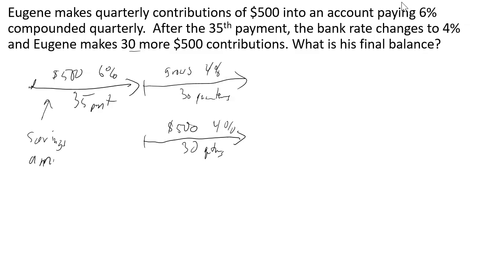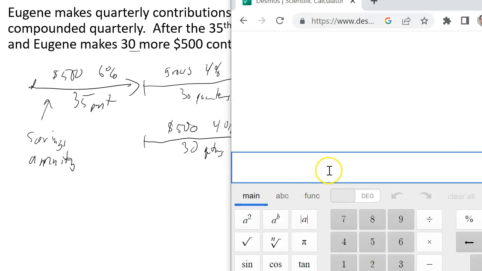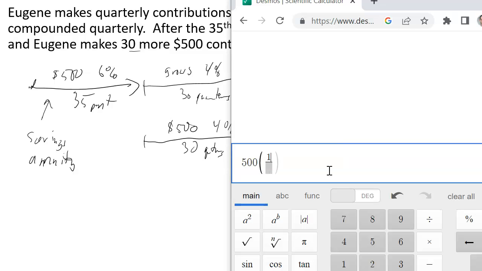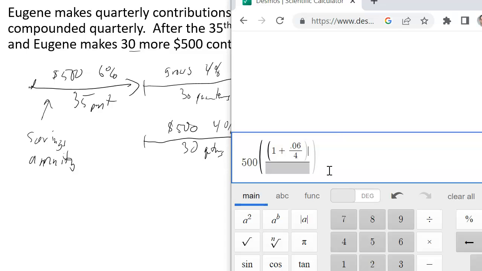So we're going to put it into our savings annuity formula, where the individual contributions or payments are $500. We've got our 1 plus interest rate, which was 6%, so 0.06 compounded quarterly.